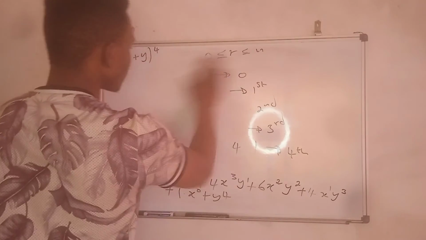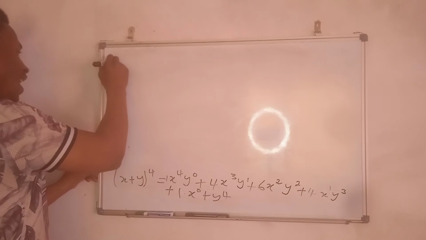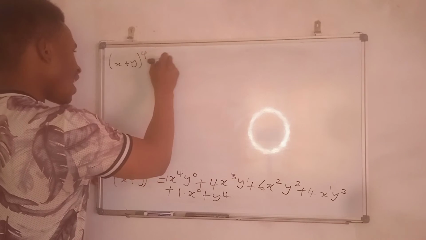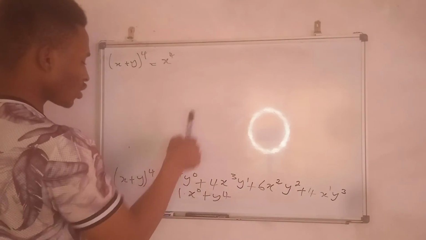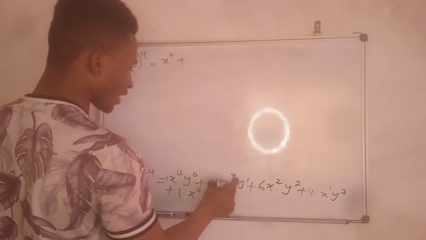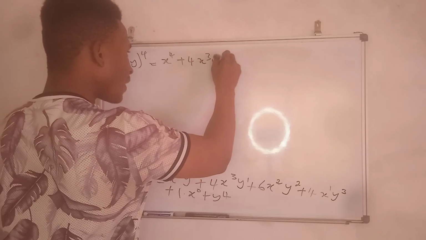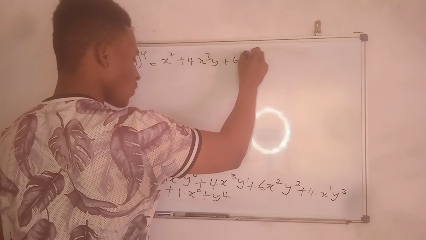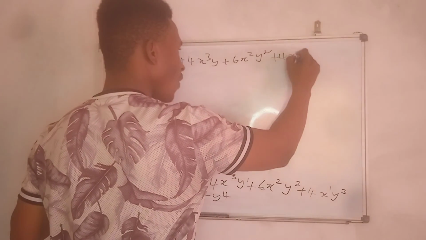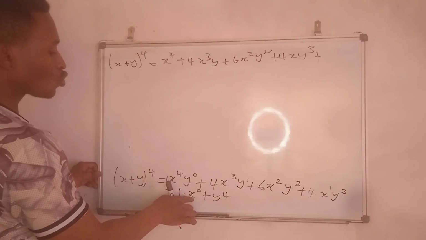And this, we can further say that x plus y to the power 4 is the same as x to the power 4. Remember, y to the power 0 is just 1. So 4 times x cubed y is just the same as this one, plus 6 x squared y squared plus 4x y to the power 3 plus, but this x will be 1.